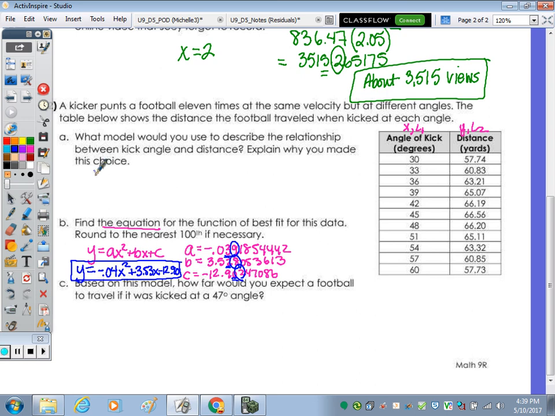So once again, the model that we chose is a quadratic. And this is because the shape of the scatter plot was a parabola.